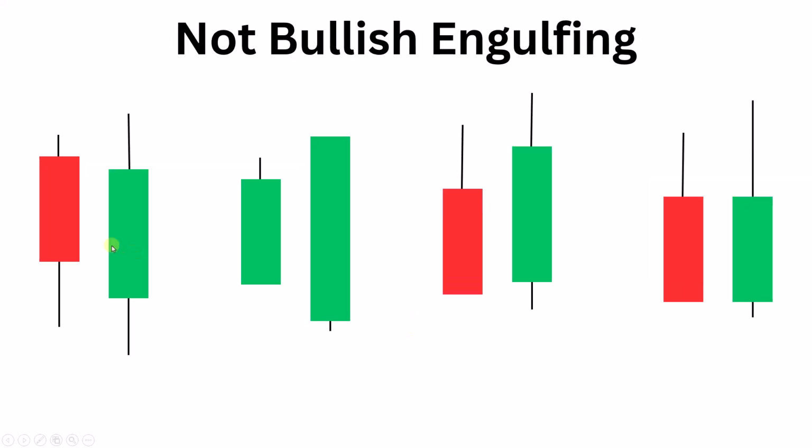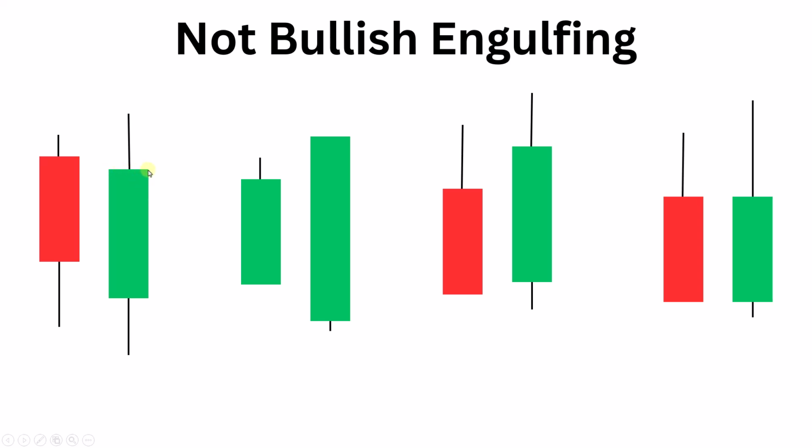Now let us look at some of the patterns which are not considered to be bullish engulfing. So the first one, here we have a red body, here we have a green body. Here the level of the red candle is higher than that of the green candle. But then if we look here, the level of the red candle is once again higher than that of the green candle, and so this cannot be considered as a bullish engulfing pattern.